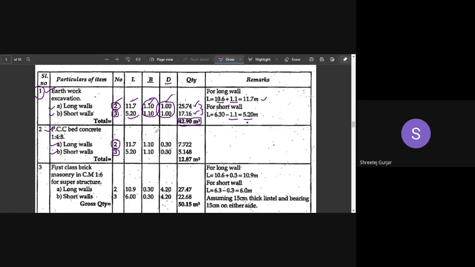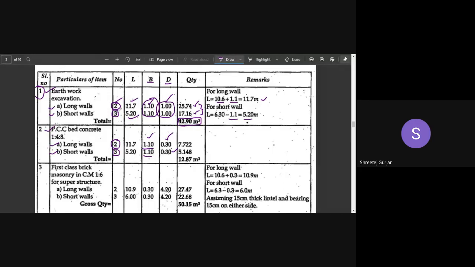Coming to width, it is 1.1, same as your excavation width. But the depth or thickness of your PCC bed is 0.3 meters, the same for long wall and short wall. So 0.3 and 0.3.